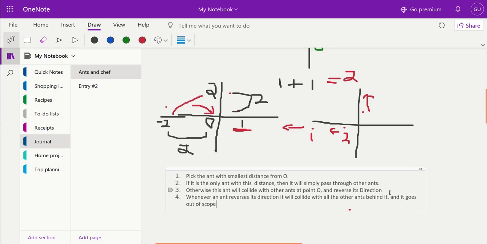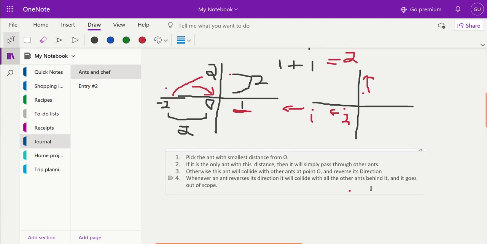Out of scope means this ant will not contribute to any more collisions. It will simply pass through the other ants which are behind it. Okay, so that's the algorithm we got.